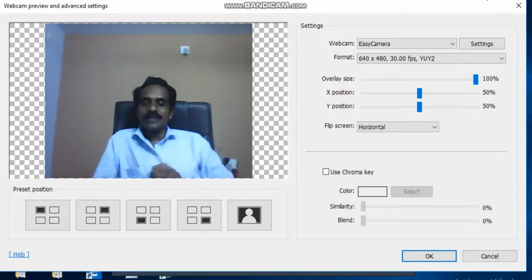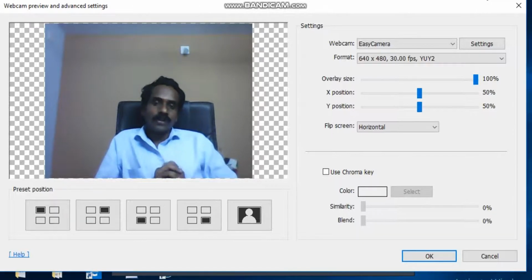CISC is a complex instruction set computer. Here, the instruction set of a CISC computer or CISC processor is large and complex. That is the first point. And the second point of CISC is, as it has a large instruction set, it can perform many operations.